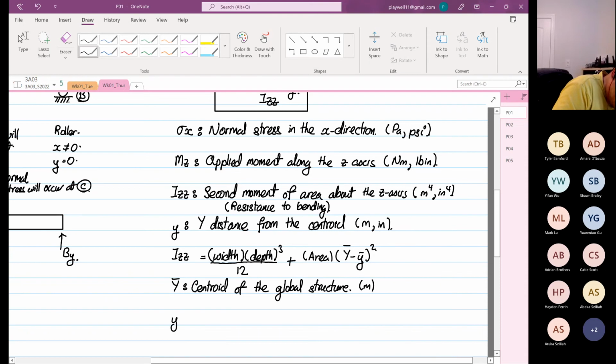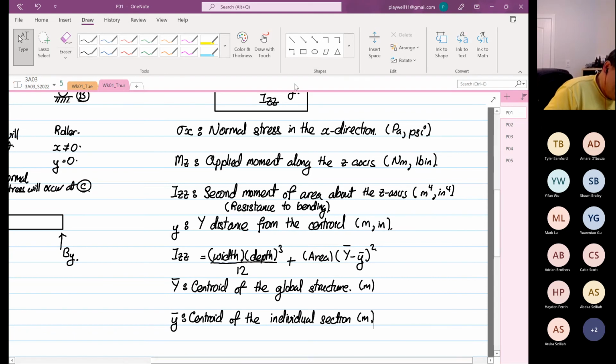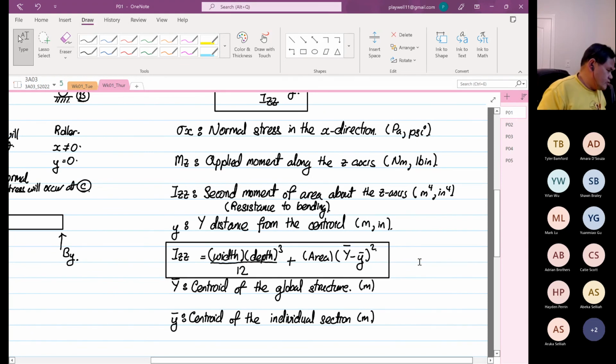And small y bar is the centroid of the individual section. So again, this formula over here is important. These formulas are important.